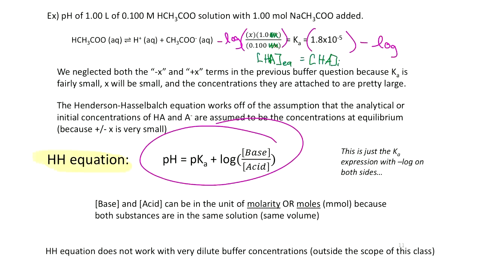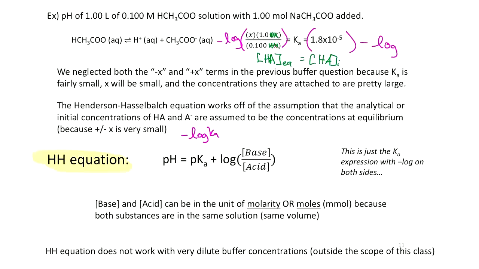If you come to office hours, we can prove it, but that's what this is, right? The pH of a buffer is equal to the pKa, what is pKa? Negative log of Ka, that's exactly what it is. So if I give you Ka, then you can get the pKa. Plus log of base concentration over acid concentration.